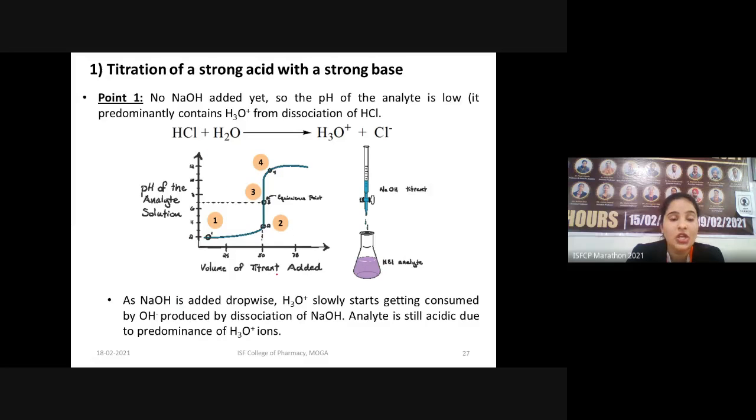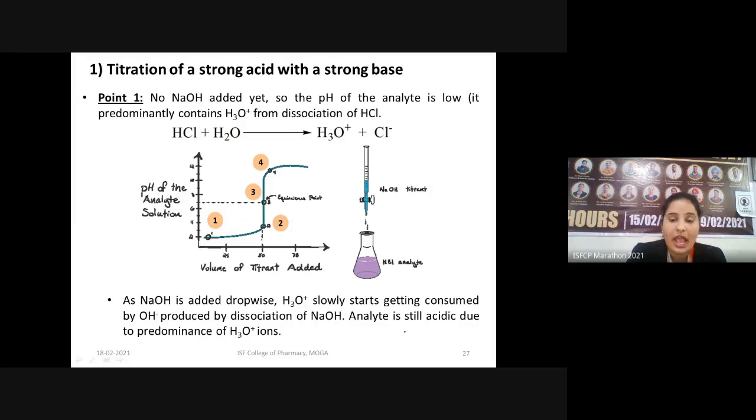So as sodium hydroxide is added dropwise, the hydronium ion slowly starts getting consumed. The hydronium ion, on the introduction of OH negative ions from the burette, will be consumed by the OH negative ions produced by the dissociation of sodium hydroxide.